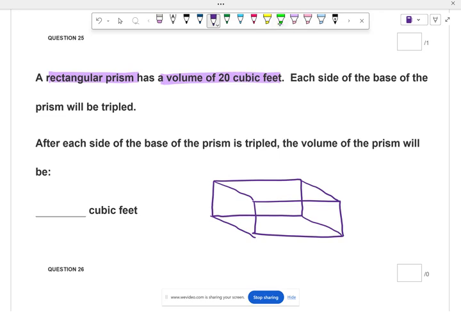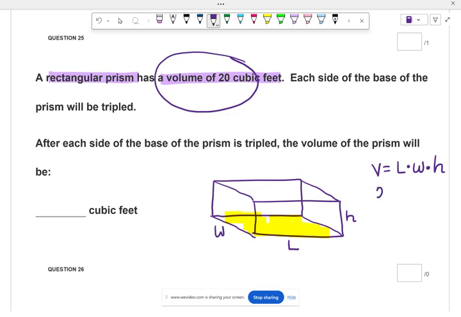And I'm going to color in the base to try to give us some perspective. Here's the bottom down here. So this would be the length, this would be the width, and this would be the height. All right, we know the volume formula is length times width times height. We know the volume, they give that to us, is 20.